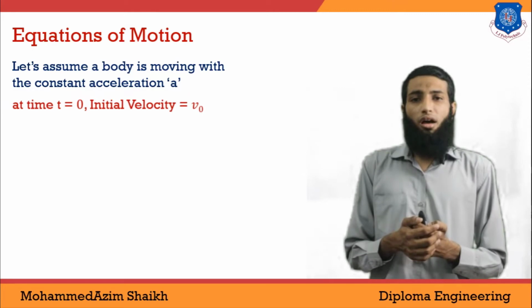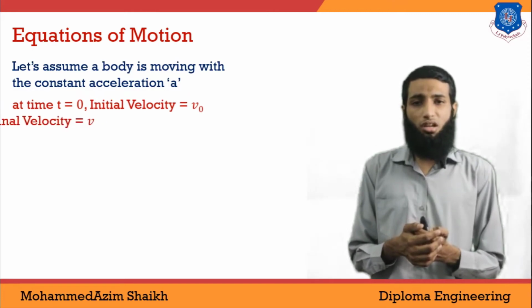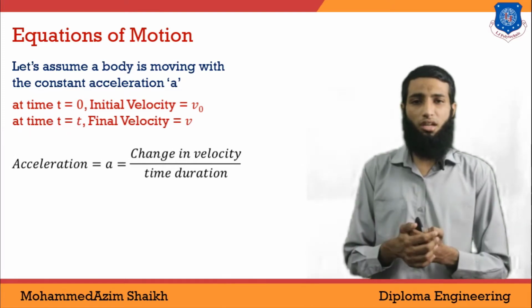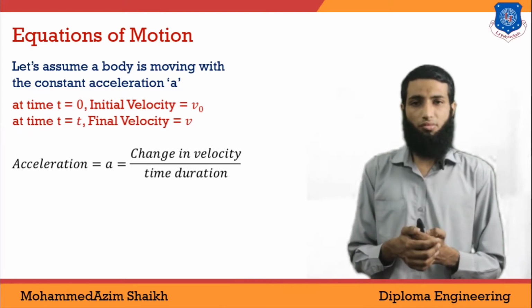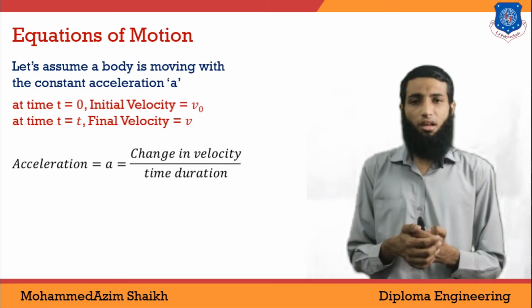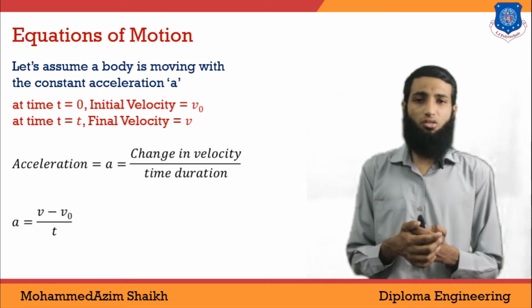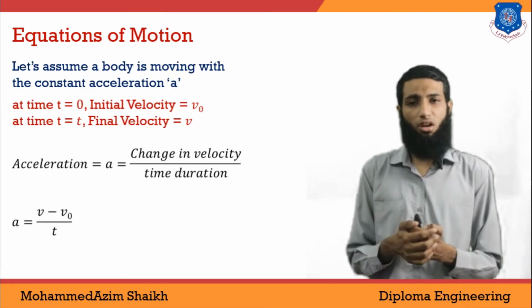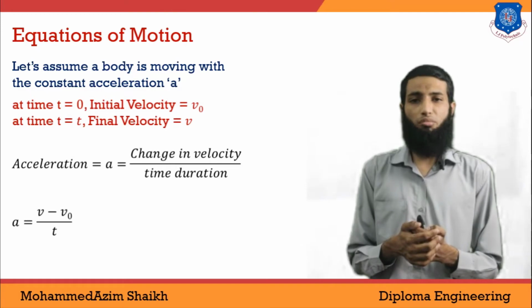As per the formula of acceleration, a is equal to change in velocity upon time duration. Then we can write a is equal to v minus v0 upon t. We will use this equation to derive the equations of motion.